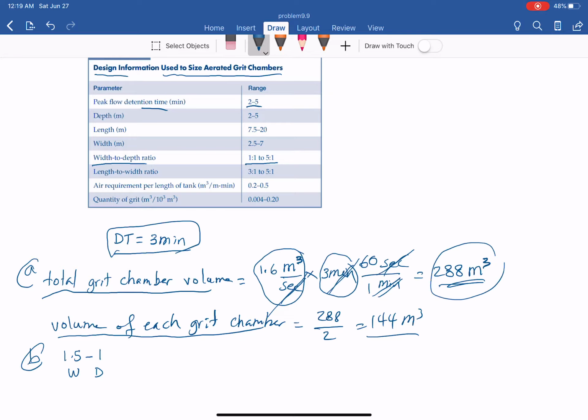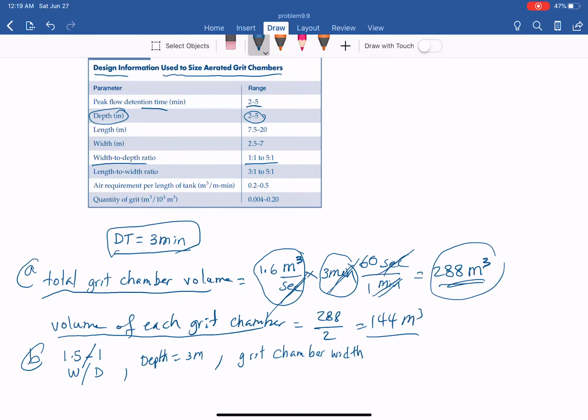This is the width to depth ratio, so it's W over depth, just to simplify it. And now the depth should be selected from the design information, 2 to 5, and let's select something in the middle, 3 meters. Okay, so the dimensions of the grit chamber: the width.